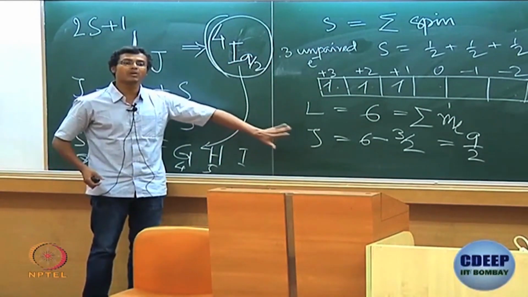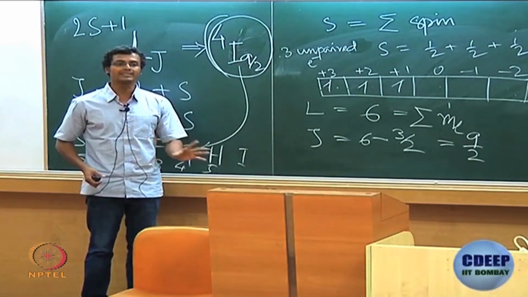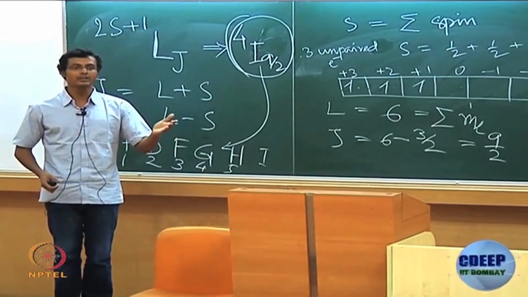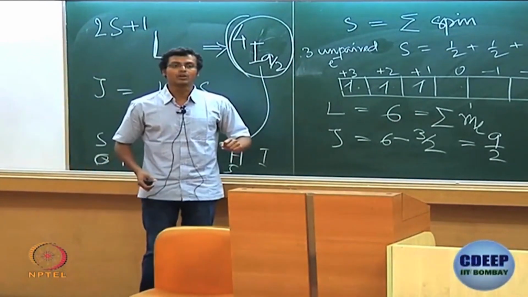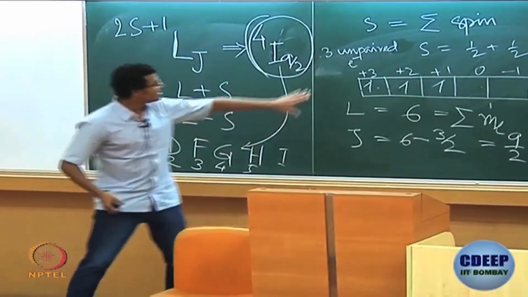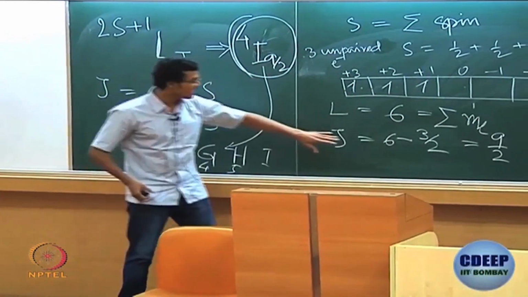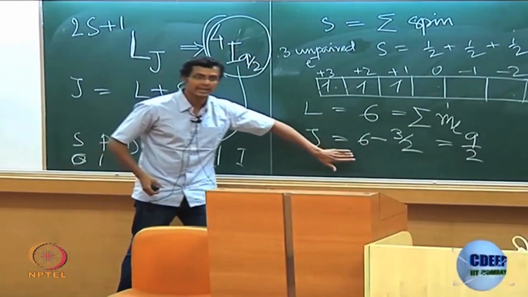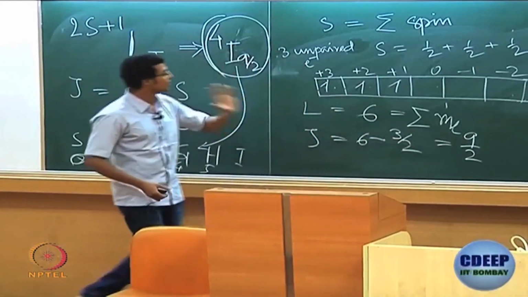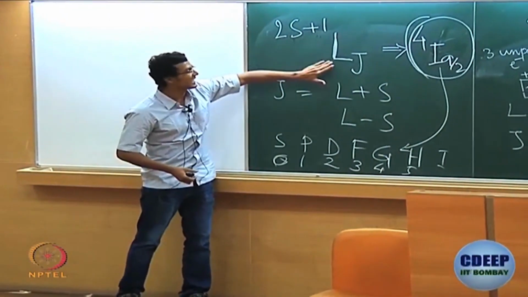J equals L plus S or L minus S. L plus S when it is more than half filled, more than F7, and L minus S when it is less than half filled. In this case, 3 unpaired electrons is less than 7, F7, so L minus S becomes 9 by 2.